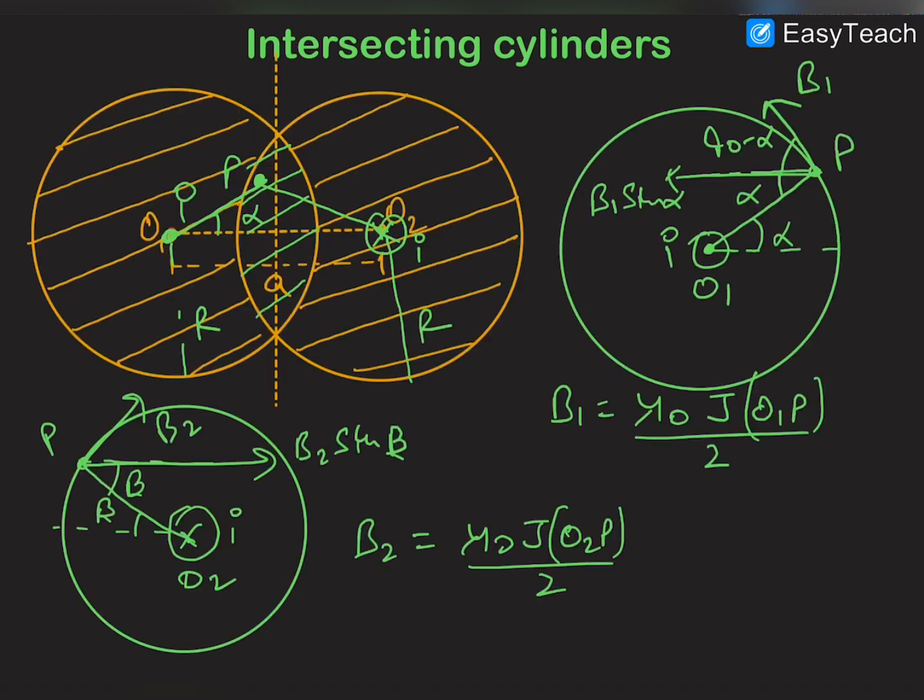Now you can see that if this height is h, then O1P sine alpha is h and O2P sine beta is also h.